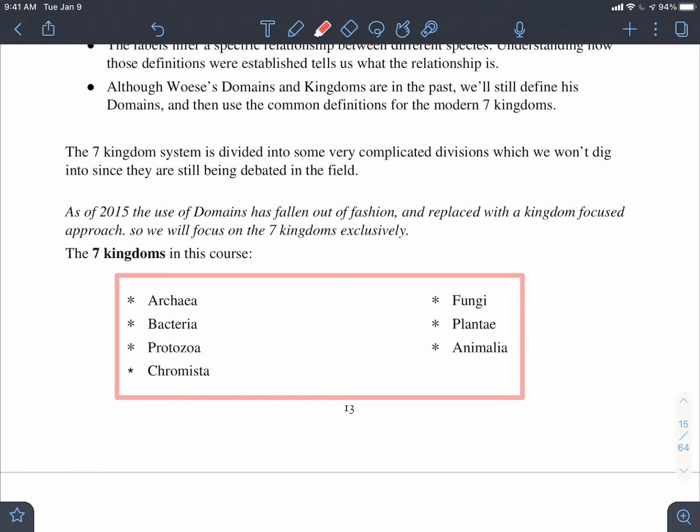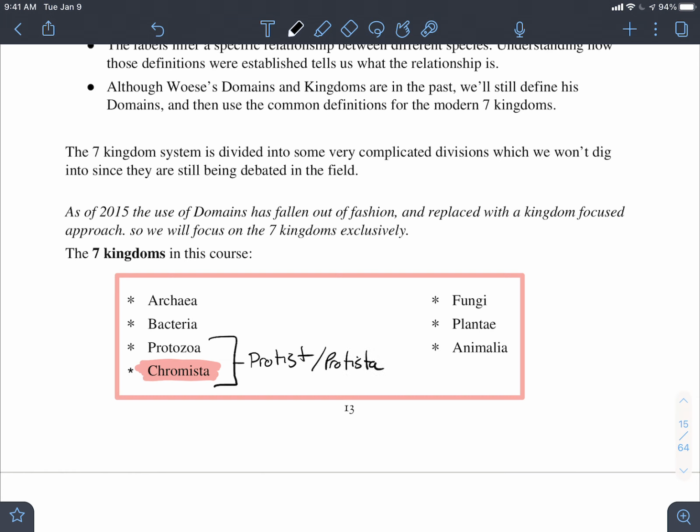Now I will suggest that finding information on Chromista, as it is the more recent and the most debated one, can be the hardest to find information on. If you're looking for other videos, you'll often see these two together referred to as the protists, the protozoans, the protista.